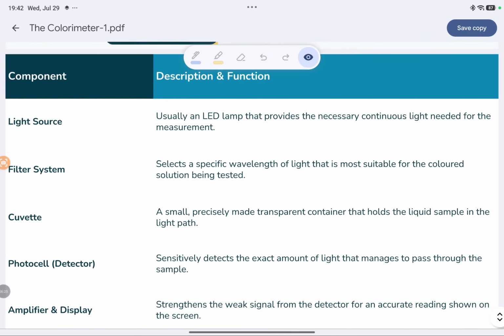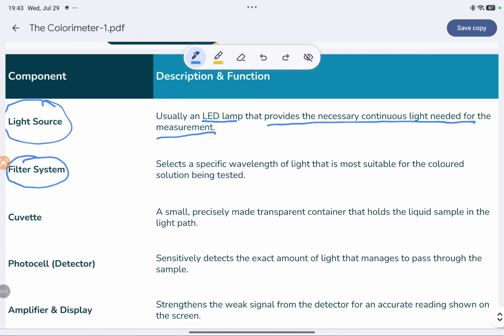Now, the parts of the colorimeter are as follows. A colorimeter contains a light source. The light source is usually an LED lamp that provides the continuous light needed for measurement. A colorimeter also contains a filter system.